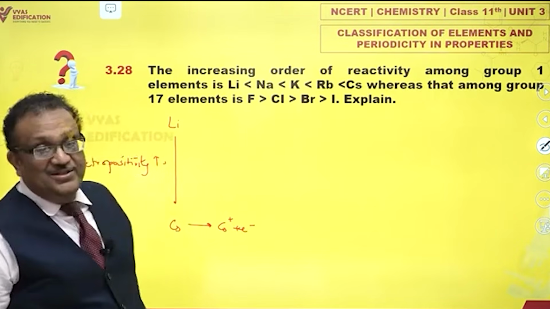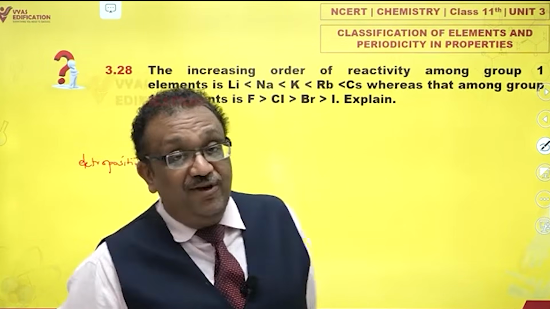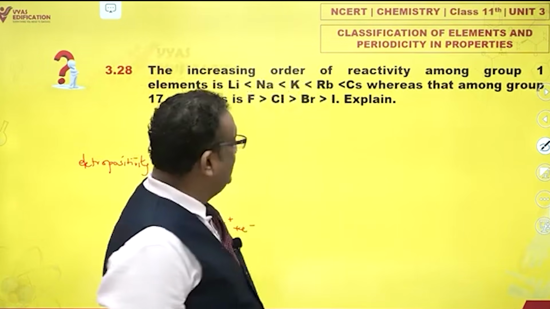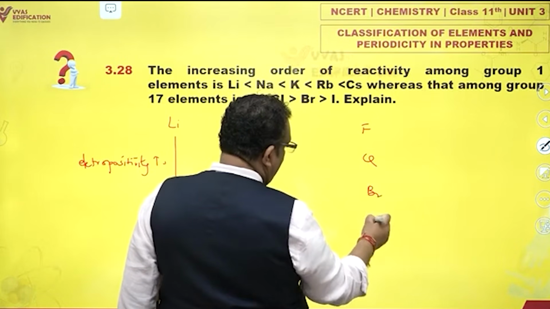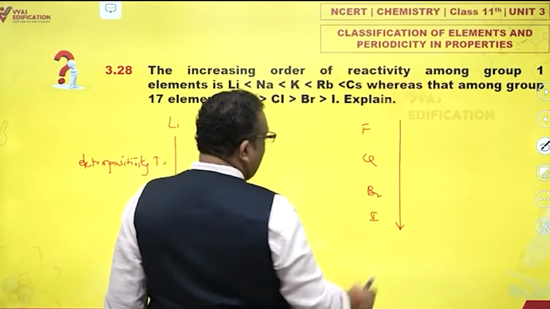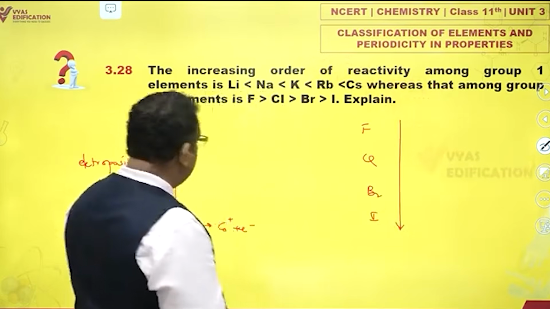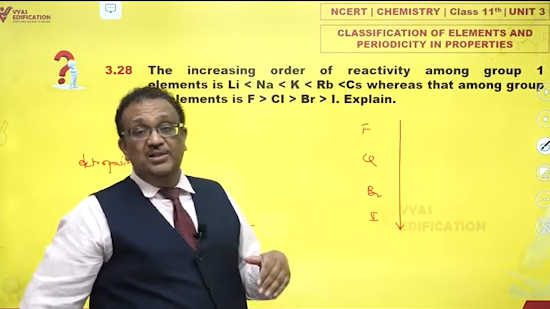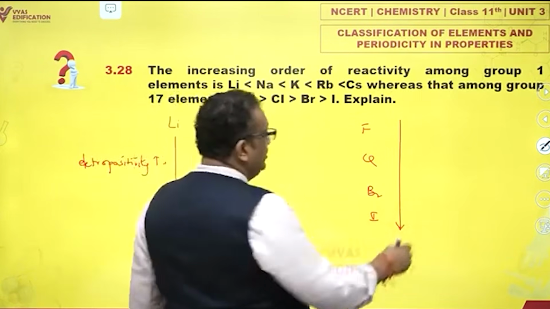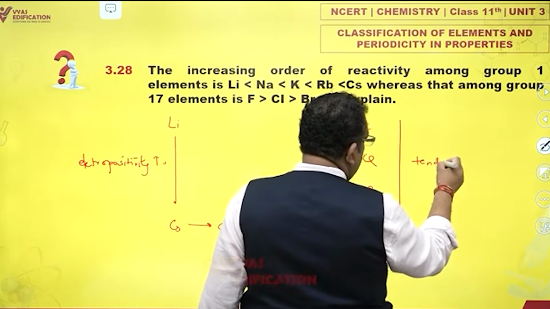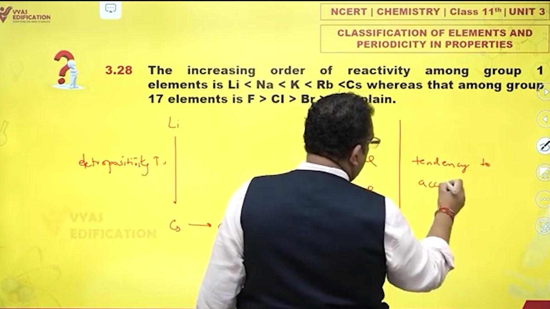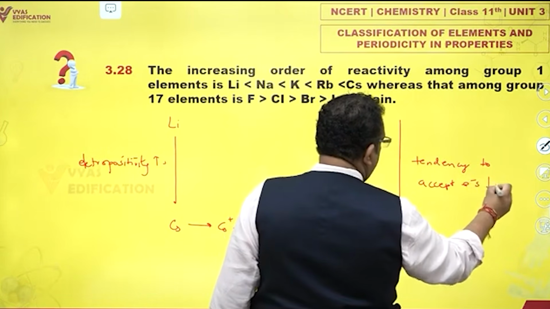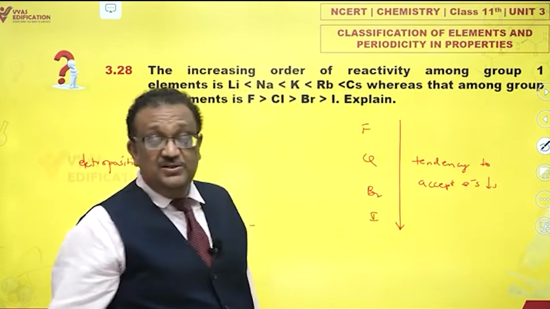If you look at halogens, the scene is very different, because halogens typically are electronegative, right? That means they are not going to release electrons, they would rather accept electrons. So the tendency to accept electrons decreases down the group as the size increases.